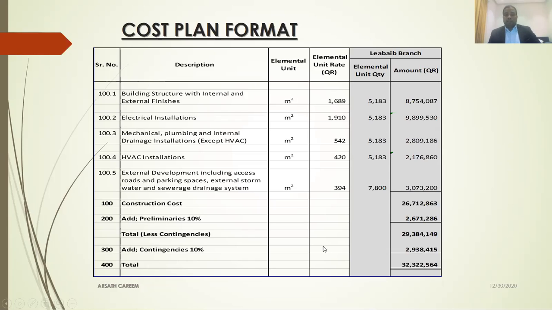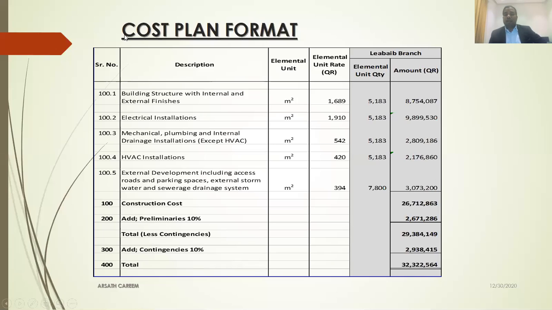Accordingly, my construction cost for this particular project was 26 million for the concept stage, and my preliminaries are 10%. Then I added contingencies: 10% for design development, 5% for any variation during the construction stage, 3%, and client reserve money 2% for safeguard. For this project, my budget was 36 million.